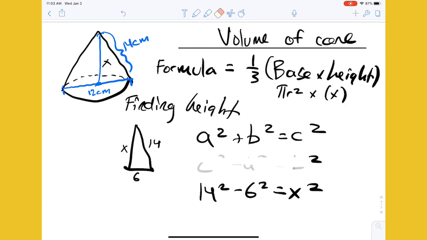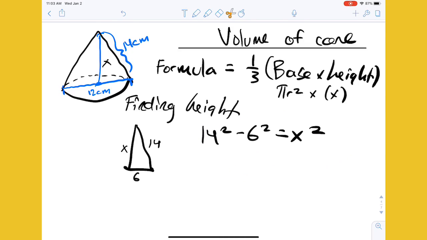Now that we have that, let's bring that up top. So now what we have, let's simplify this even further. 14 squared, just on my calculator here, is 196 minus 36 equals x squared.